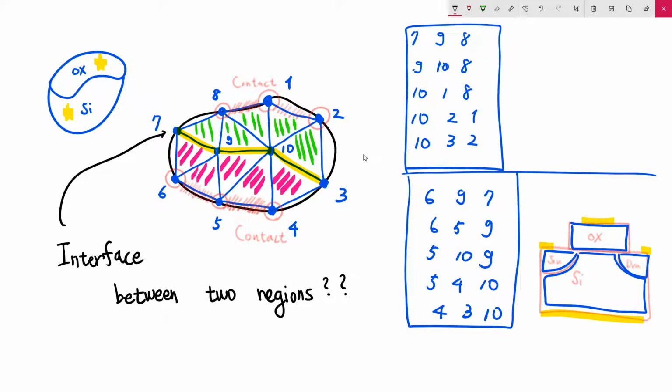These three edges are constructing an interface between our silicon region and oxide region. But up to now, we have not discussed the interface. Then how can you specify the interface in this case?